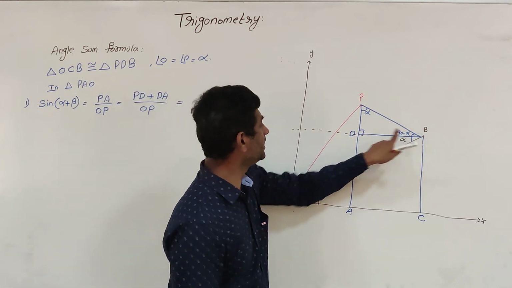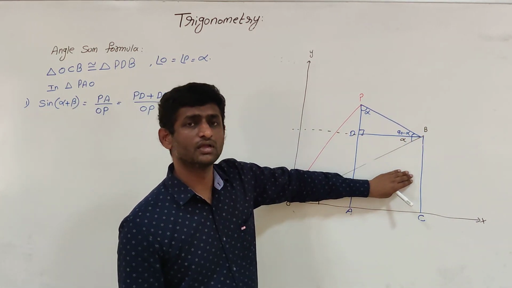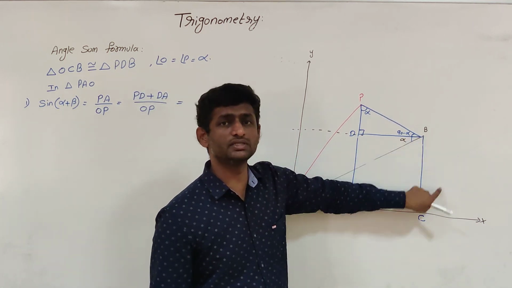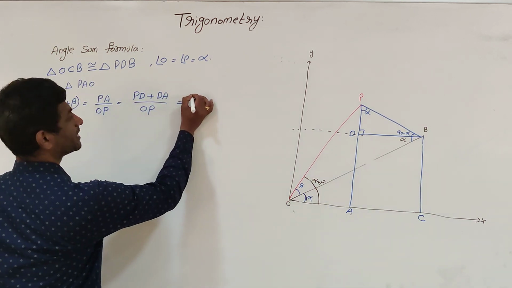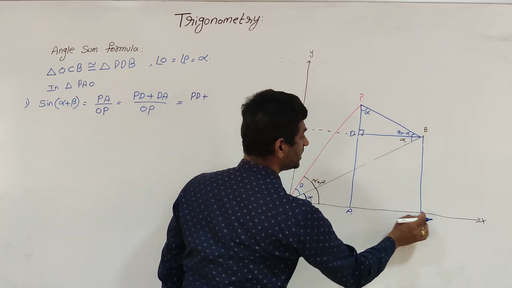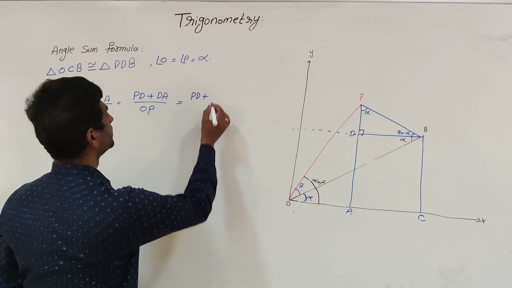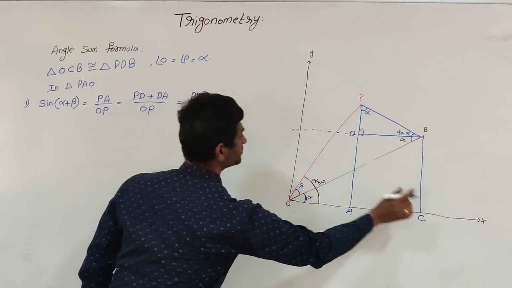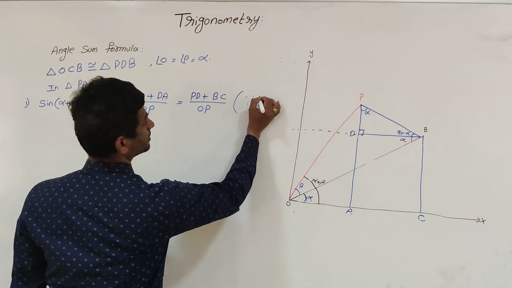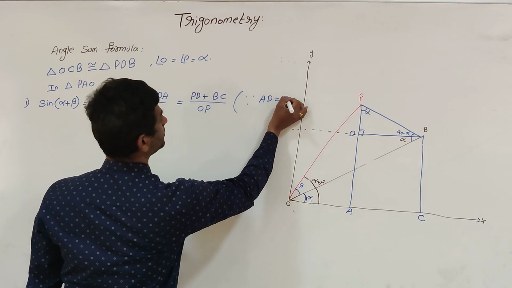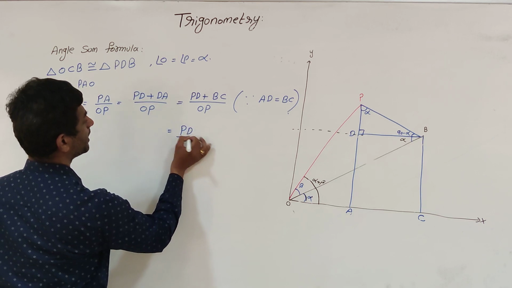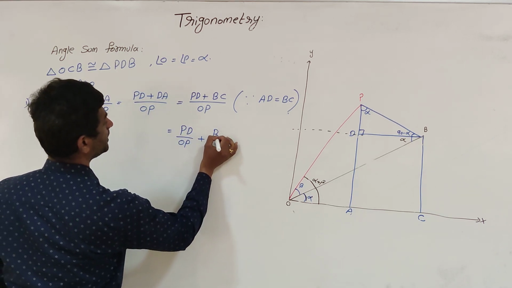Again, if you observe, BDAC is a square, means all sides are equal. Means the length of AD will be same as length of BC. DA and BC are opposite, lengths are equal. So in place of DA we can replace with BC by OP. Since AD is equal to BC, now we can have PD by OP plus BC by OP.